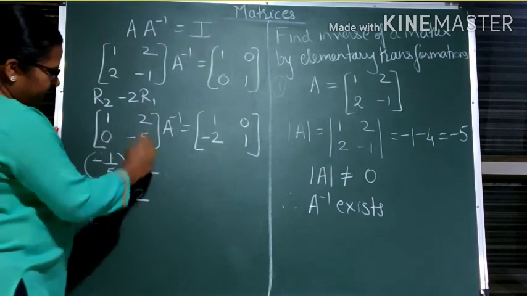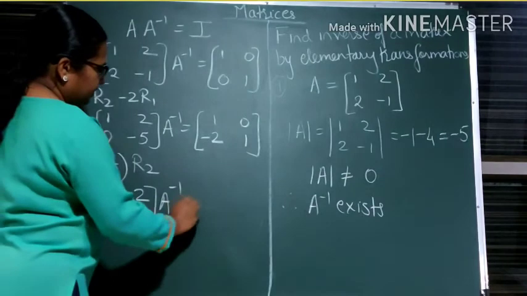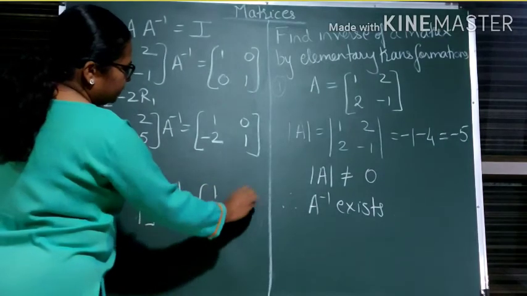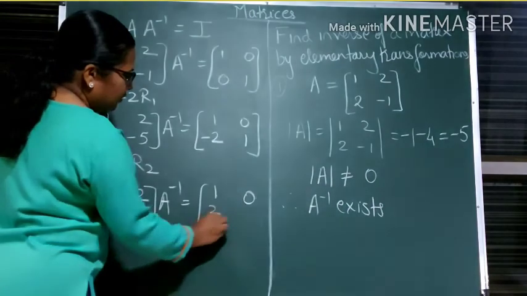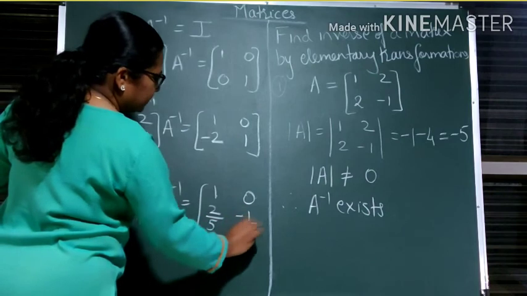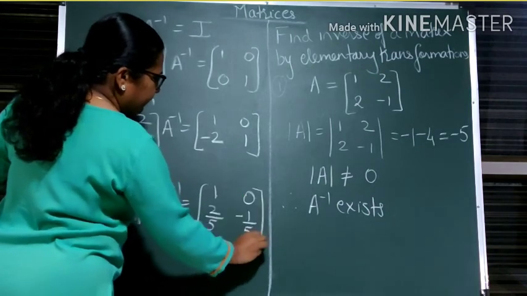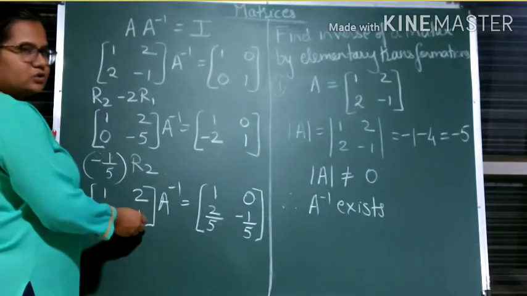Minus 1 by 5 into minus 5 is 1. Into A inverse is equal to 1, 0, first row as it is, minus 1 by 5 into minus 2 is 2 by 5, and minus 1 by 5 into 1 is minus 1 by 5. So now 1 is converted, 0 is converted and 1 is also converted.